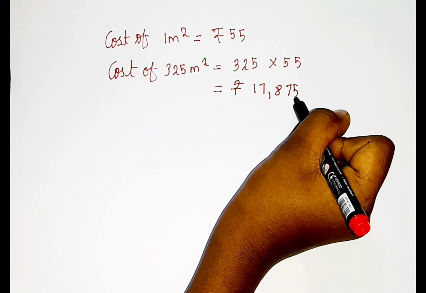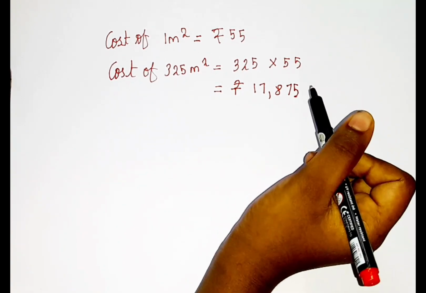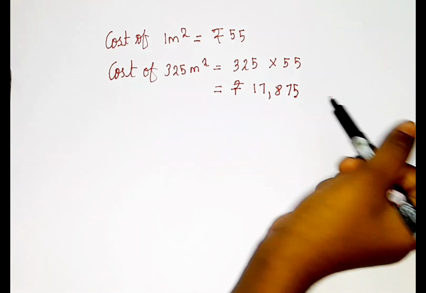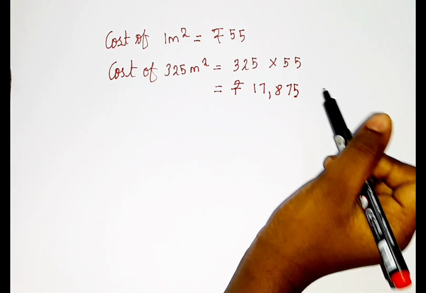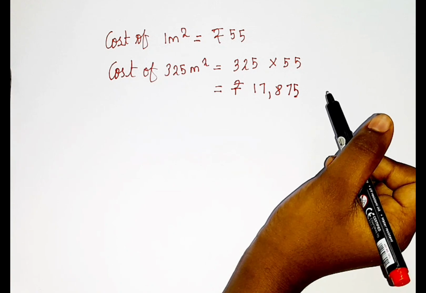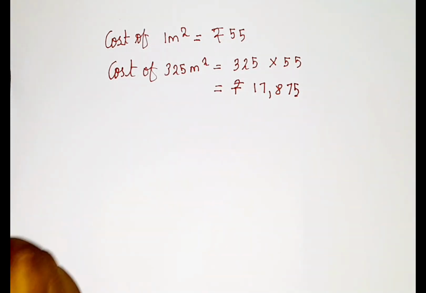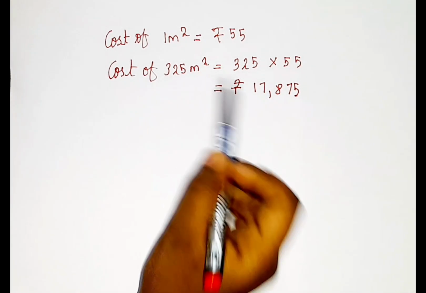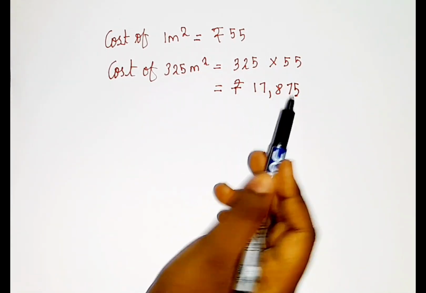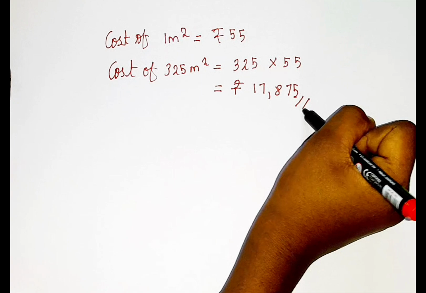17,875. So now we have found the total, the cost of developing the garden. Like 325 meter square is the area of developing the garden, but the question is cost. So the cost is rupees 17,875.